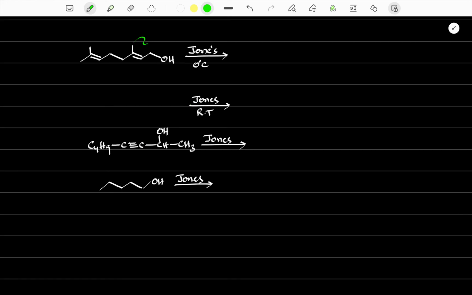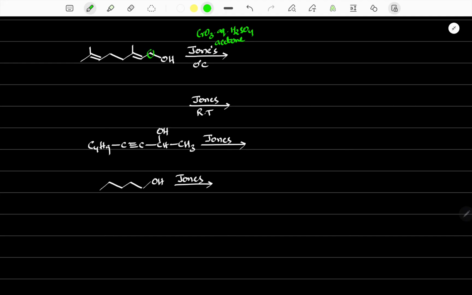For example, this reactant is treated with Jones reagent. So Jones reagent is CrO3 aqueous H2SO4. Sometimes it also contains acetone, CrO3 acetone aqueous H2SO4.